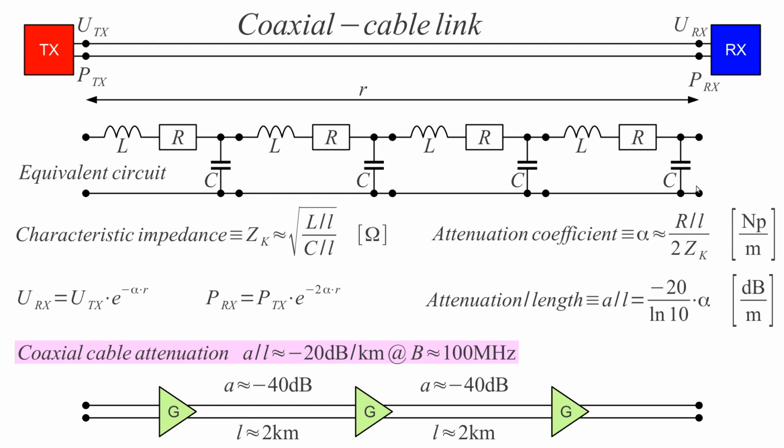But usually capacitors can be made very good. We have very good dielectrics and very small losses in the capacitors. So in our first discussion today, we can simply neglect the losses in the capacitors. We only consider the losses in the wire making up the inductors.